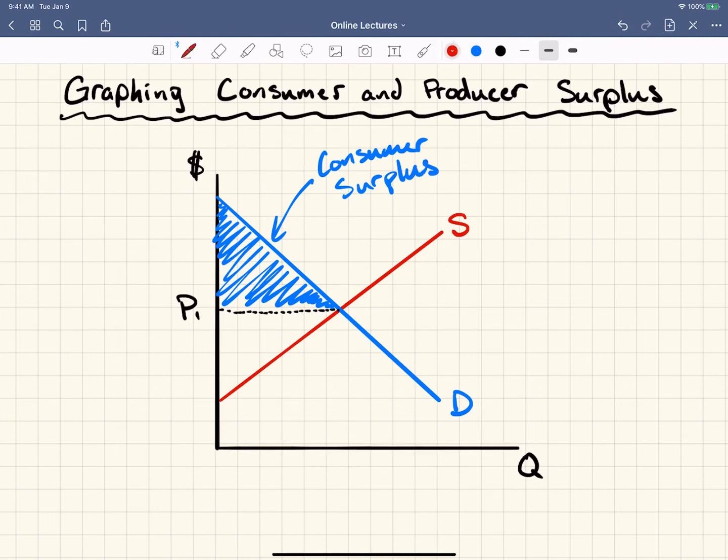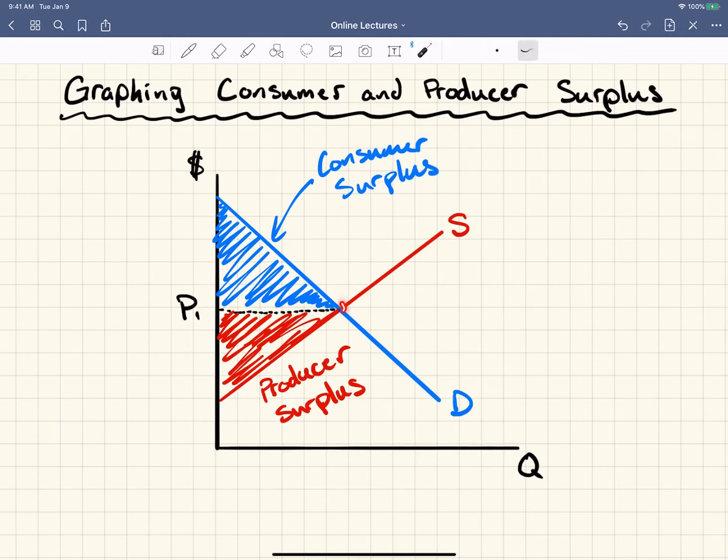And we would say the area of this triangle represents producer surplus. The area of all of the triangles together, which would effectively be this whole area, it's a bad triangle, this whole area would be considered total surplus.